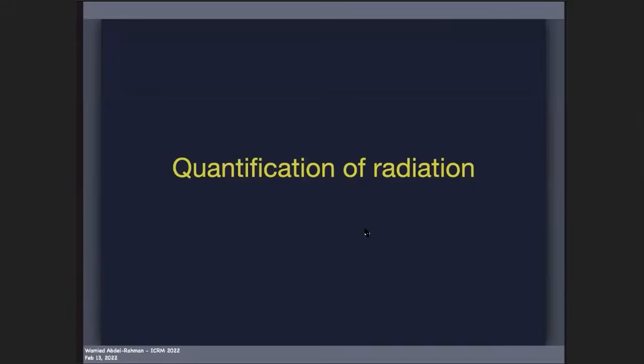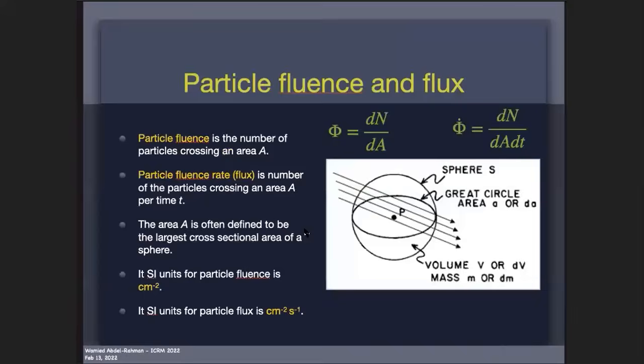The fluence rate, so if we're talking about the number of particles crossing per unit area per time, that is just the fluence rate, or it's called the particle flux. The area A is often defined to be large.